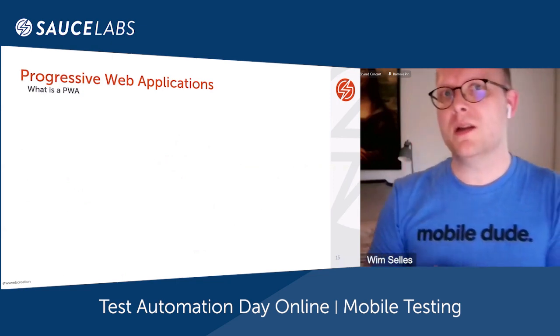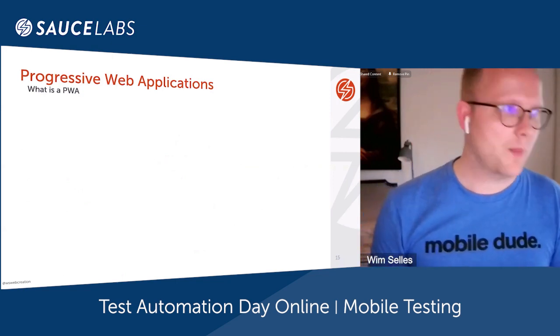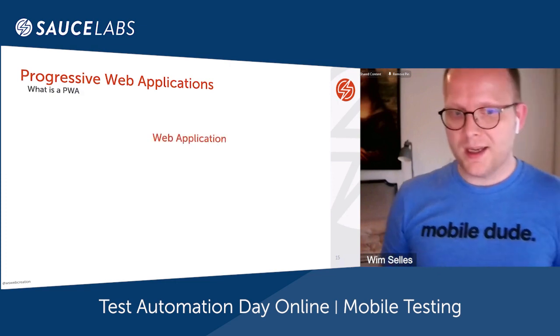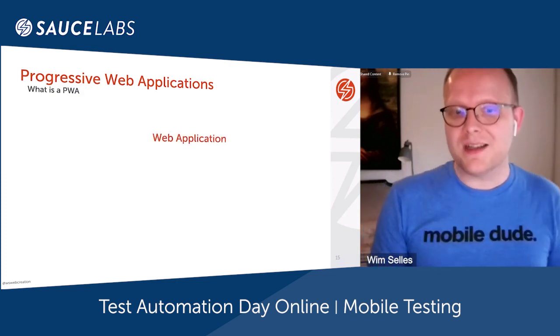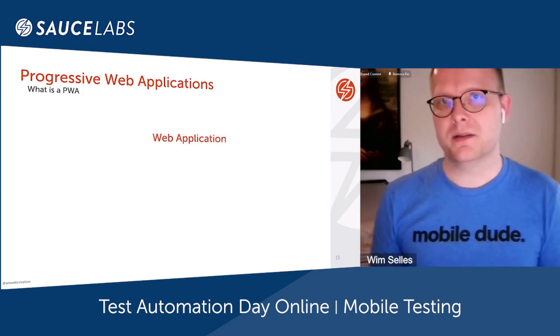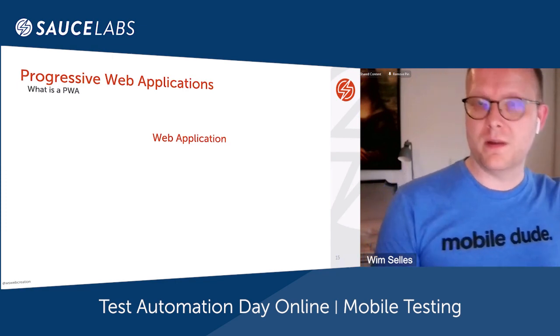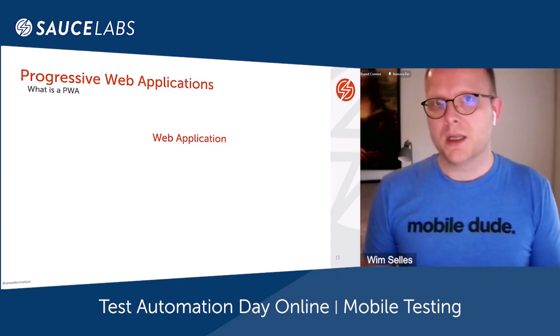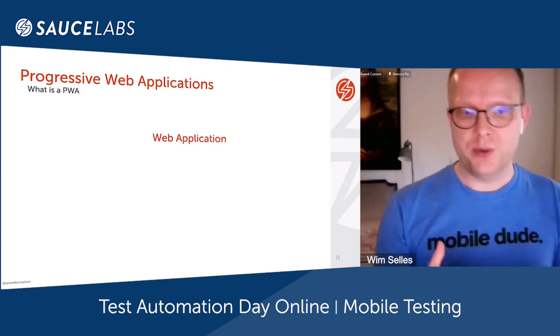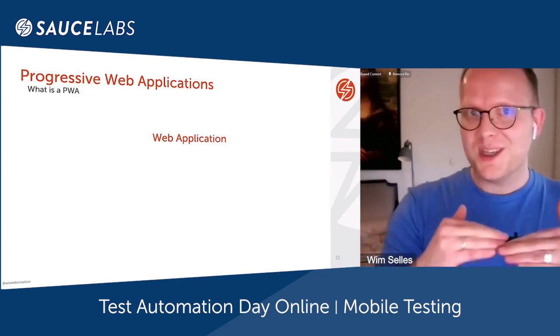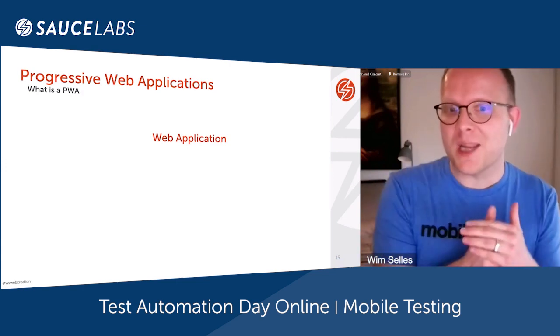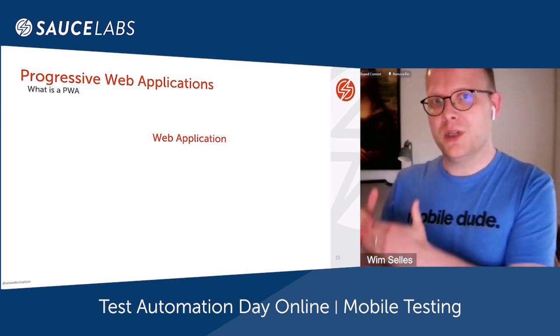What is a PWA? What is a progressive web application? Well, at heart, it's still a web application. There's nothing different from a normal website. The only difference is that under the hood, they use progressive enhancement, new capabilities that you can use in modern browsers.